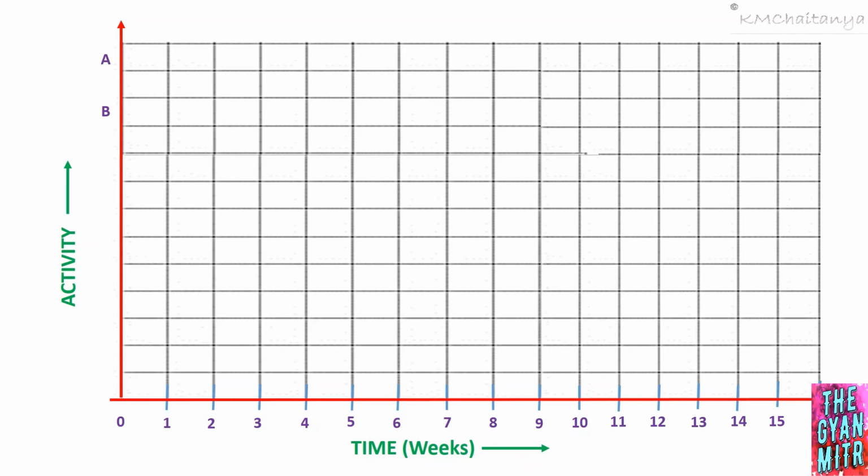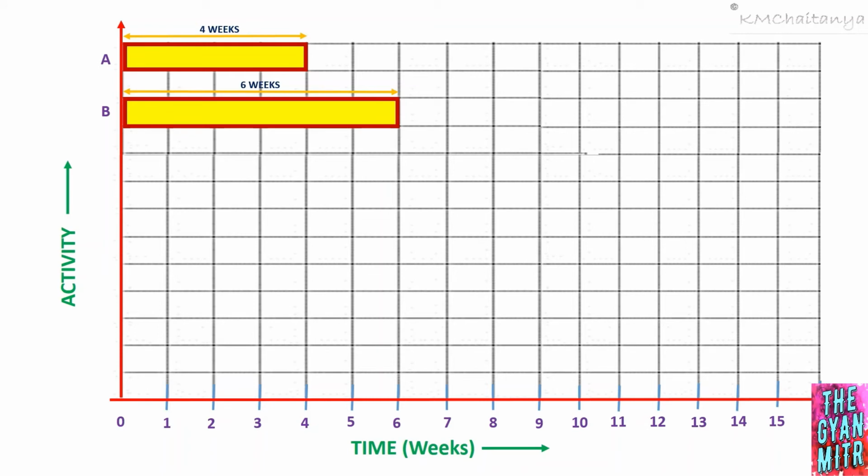Now, as given, activity A is going to take 4 weeks. Therefore, I'll have my bar for activity A something like this. Similarly, for activity B, the duration is 6 weeks. Therefore, I'll have a bar something like this. Now let's move on to the next relation.